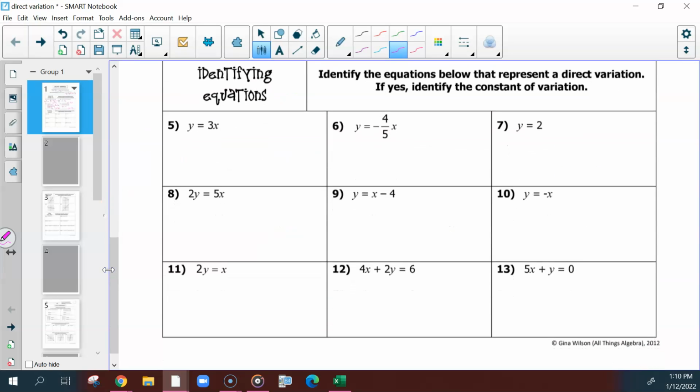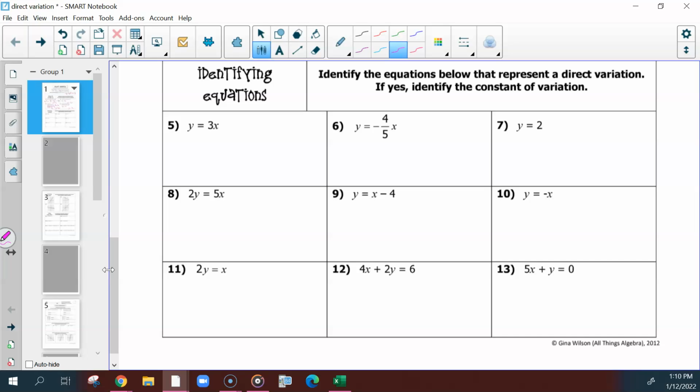Now instead of being given a table of ordered pairs, we're given equations and we have to decide, are these direct variation equations or not? So we need to know what we found earlier, that it has to go through 0, 0, which means it would have to have a y-intercept of 0.